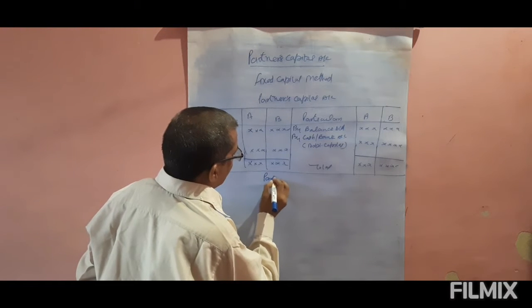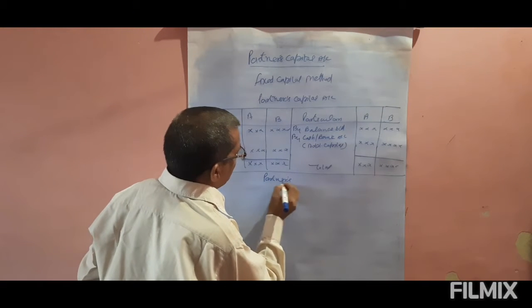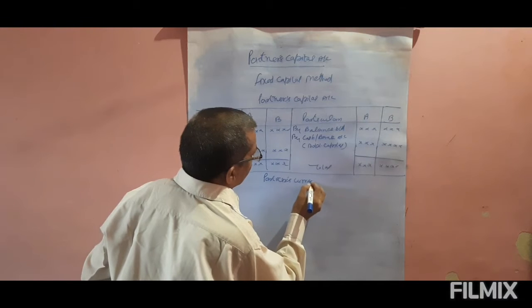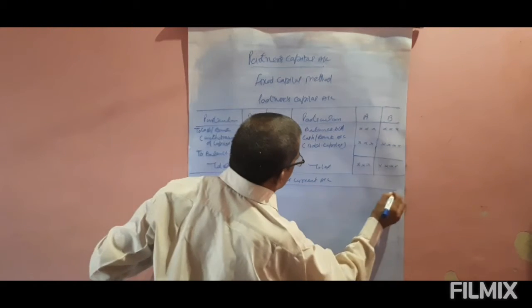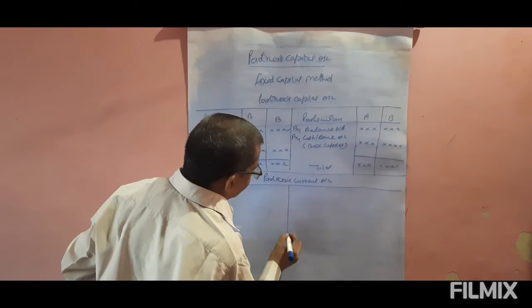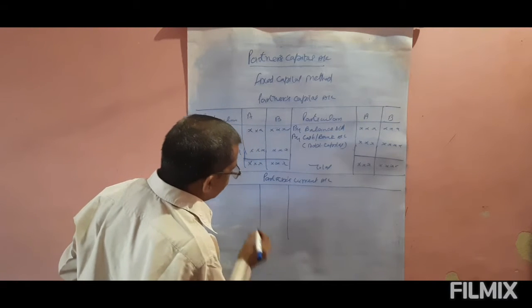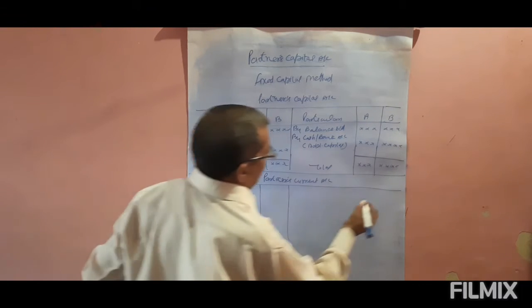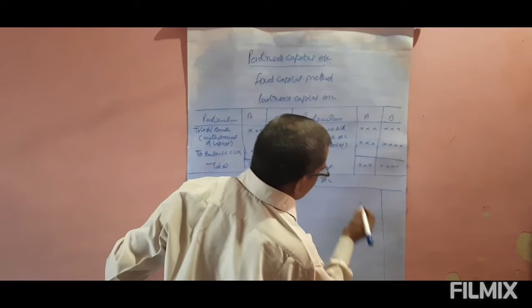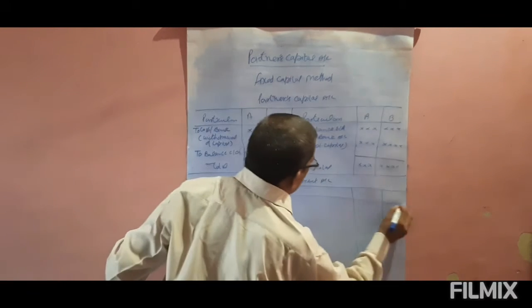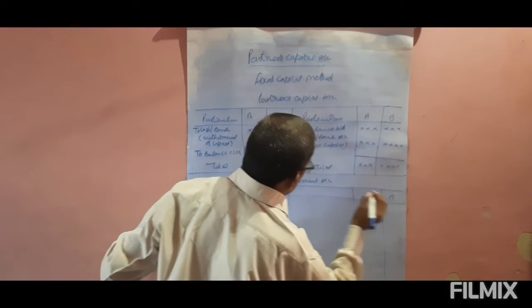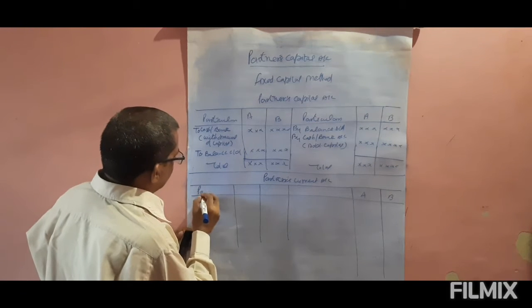Here is the partners' current account. All the other entries are posted here. A, B, particulars.